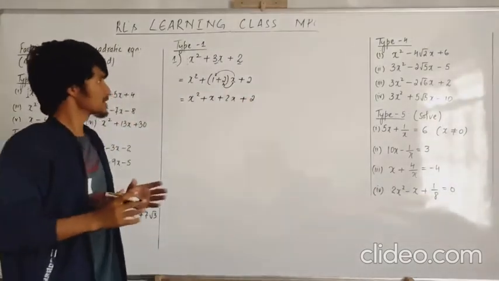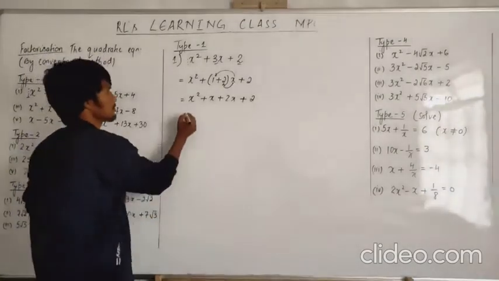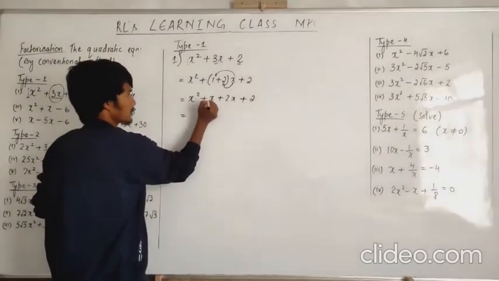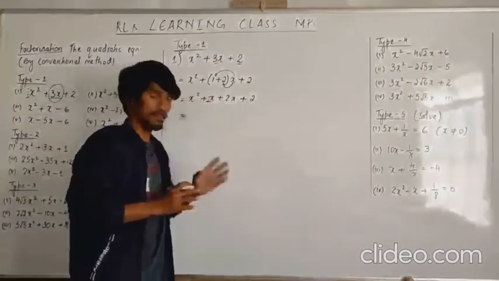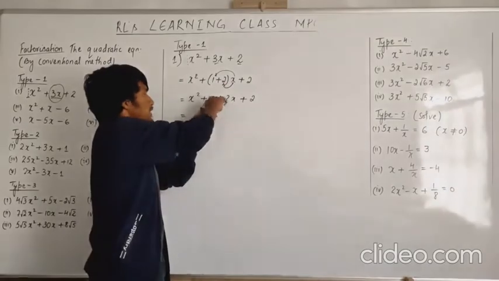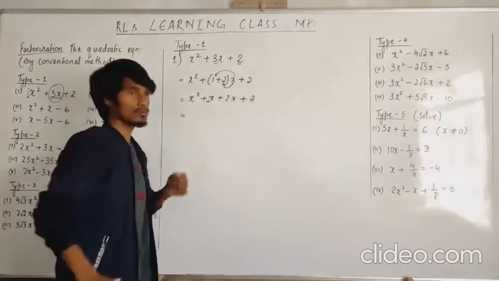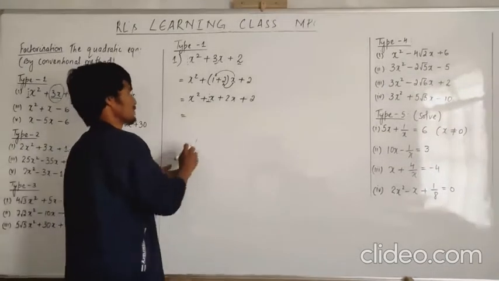Now we have finished splitting the middle term. Now we have x plus 2x. Here is 1, but we don't need to write 1, so I just put it without the line. Then 1 plus 2, how much do we get? 3. 1x plus 2x is equal to 3x. Now we have to check the common term.